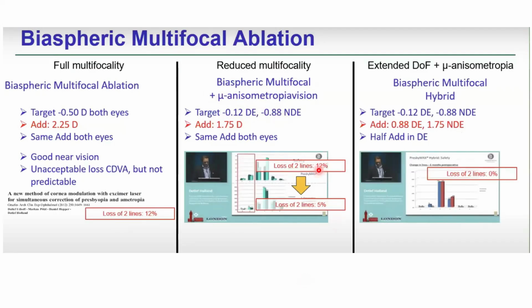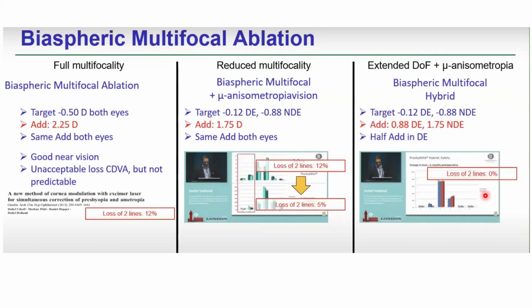So the loss of two lines went down from 12% to 5%. And now we are giving micro monovision and blending the vision, wherein the distance target and the near target are different in the two eyes. We are creating a lesser amount of multifocality in each cornea, and we are trying to blend the optical zones and the range of vision of the eyes, and that has been tolerated really well, and the loss of lines is almost negligible.